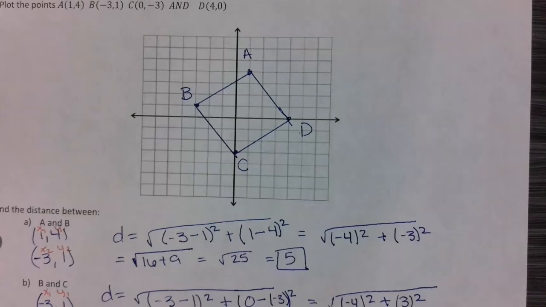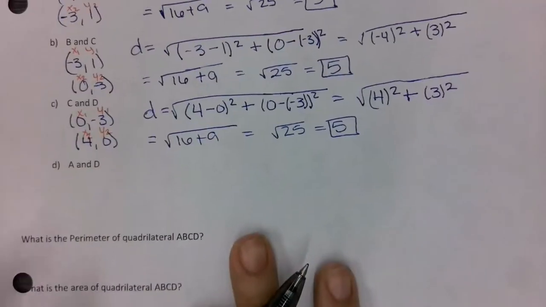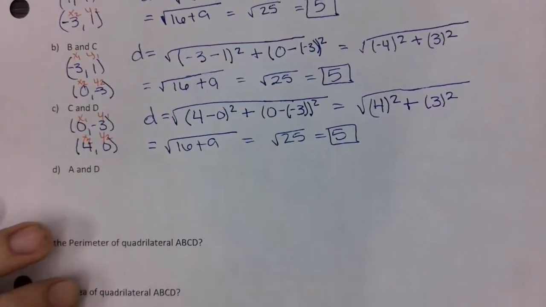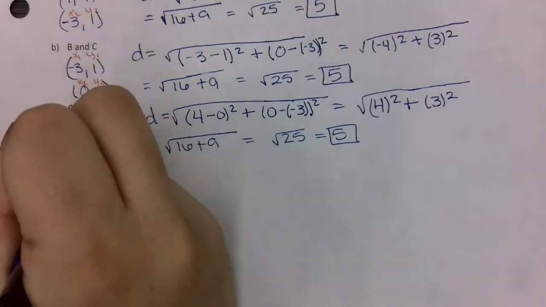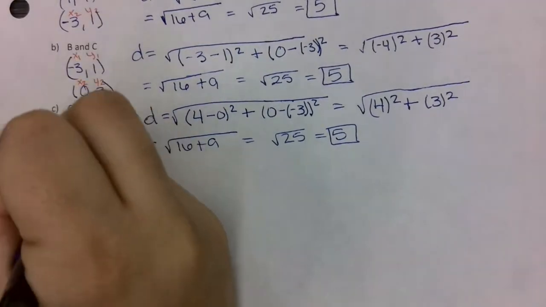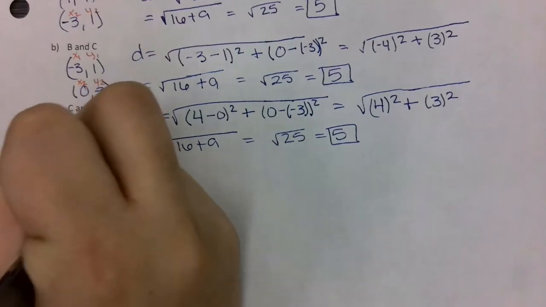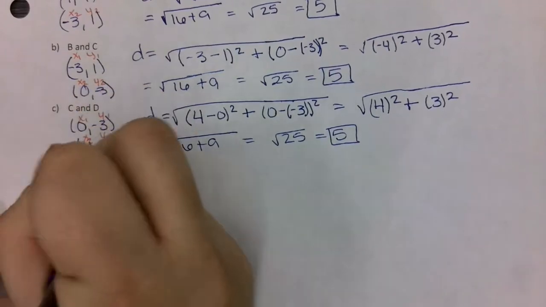I don't know if those are right angles, but I do know all the sides are the same length. It's a rhombus for sure. Could be a square. I need to find A and D though. A is (1, 4). D is (4, 0).